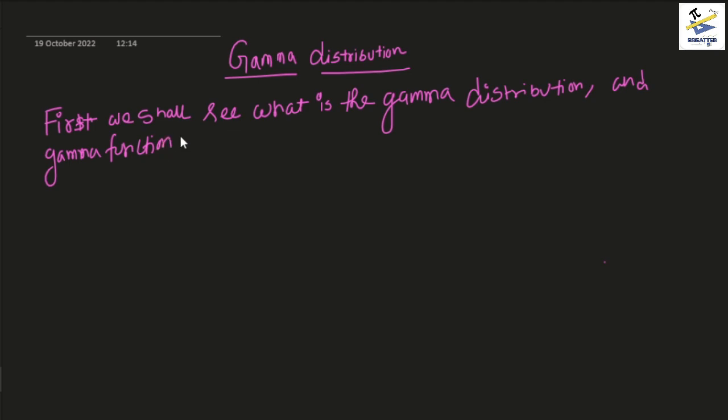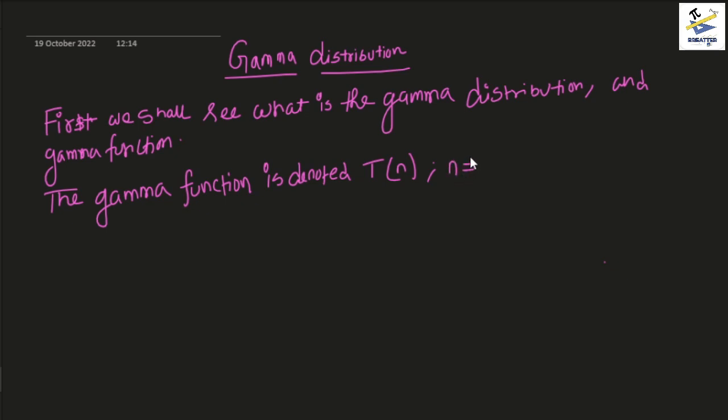So the gamma function is denoted by, I'll write you the letter for it, gamma of n, where n cannot be a negative integer.